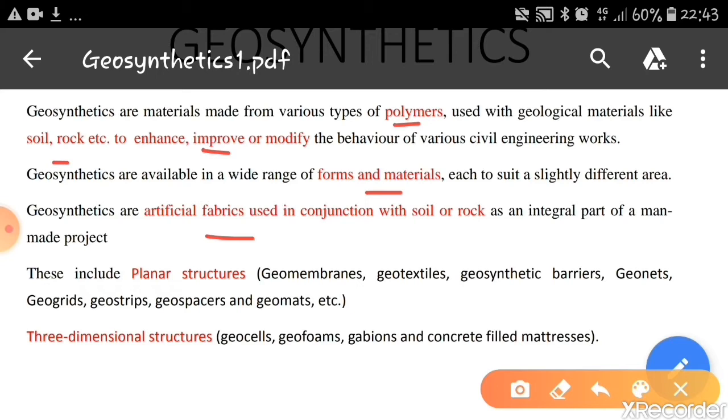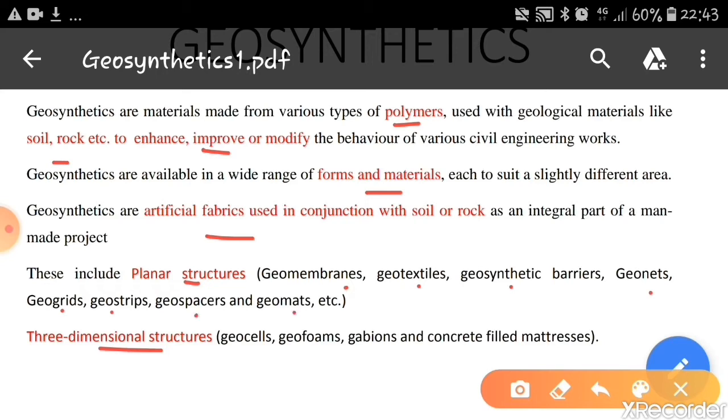Here, geosynthetics include planar structures and three-dimensional structures. The various types of planar structures are geomembranes, geotextiles, geosynthetic barriers, geonets, geogrids, geostrips, geospacers, and geomats.